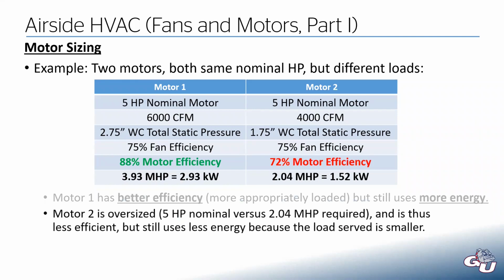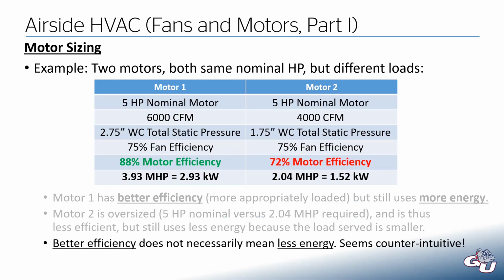Motor 2 is way oversized. It's a 5 horsepower motor, and it's only serving about a 2 horsepower load. So the efficiency is a lot lower, but it's still using a lot less power and energy because the load is smaller. So better efficiency, at least if you're looking at the motor efficiency, does not necessarily mean less energy, which seems counterintuitive.